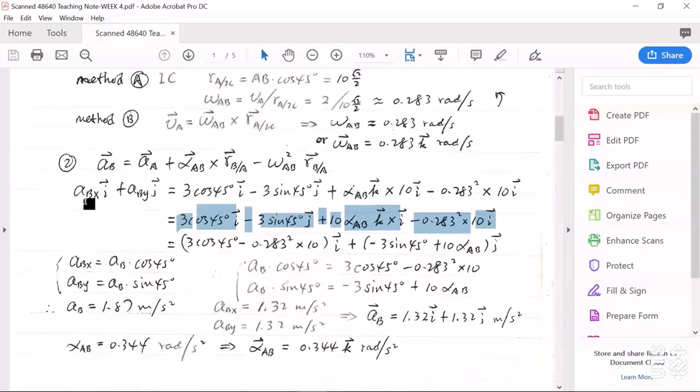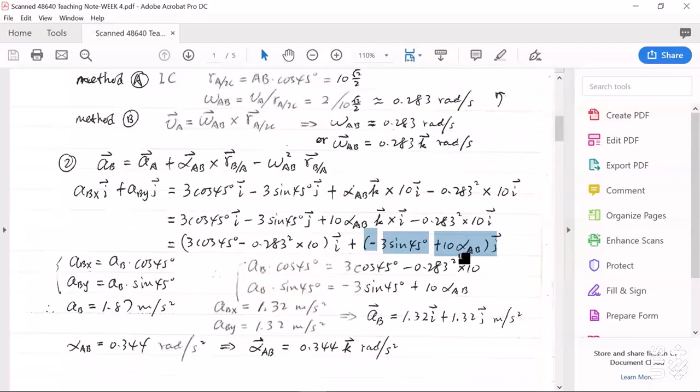Then we compare these vector equations, both sides. So aBx must be equal to this item, and aBy must be equal to this item.